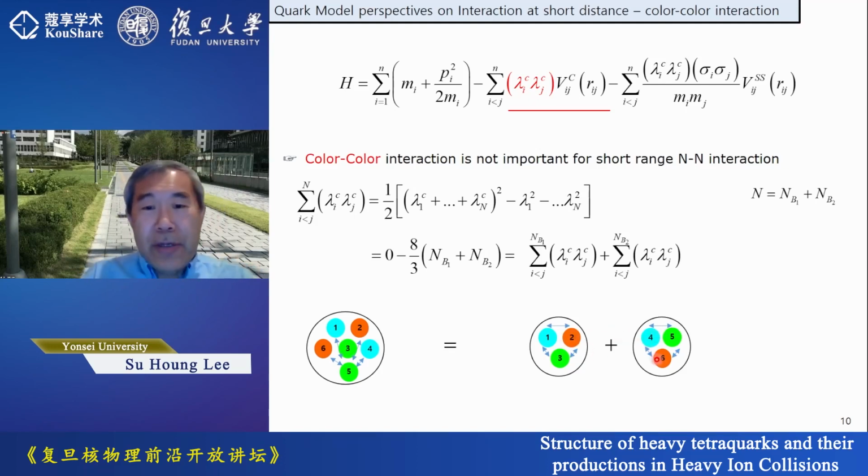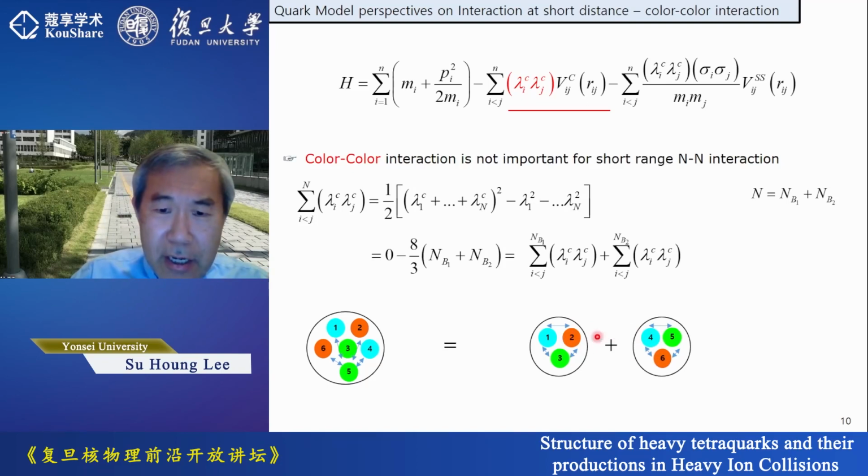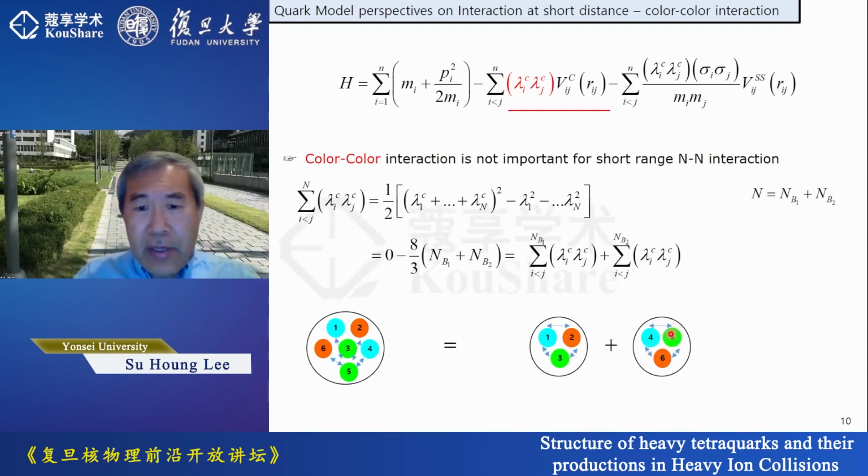So therefore, the extra color interaction that you expect as you put them together cannot be very strong. You can naively understand why that is so, because this is a color singlet. So even if you come with the colored charge, if you sum over the interaction of all these color singlet sources, you will not have such strong interactions.